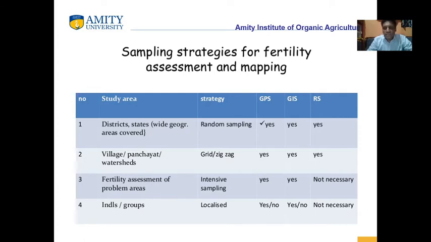Then remote sensing may not be applicable in such case, and in a localized area, very small area or group, only GPS and GIS is applicable. That is also not a convincing method, not a convenient method in the small regions.